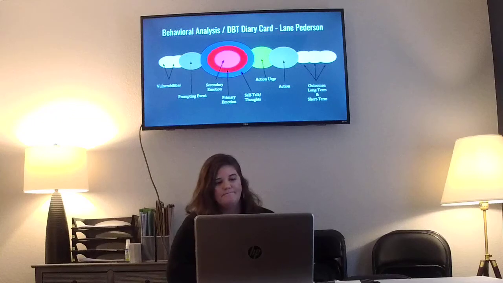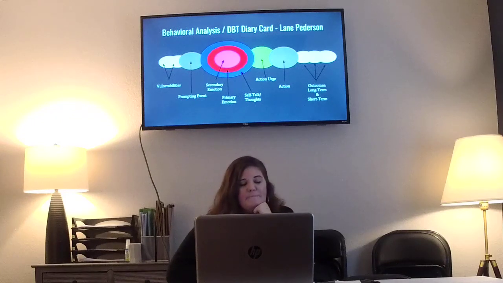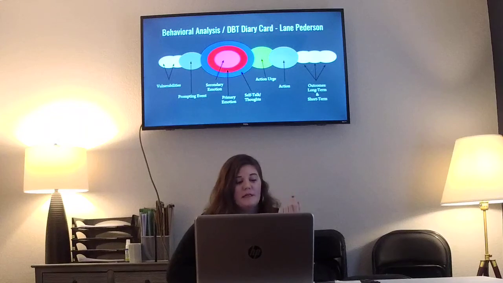Oops, those are wrong. Switch primary and secondary emotions on this thing. DBT is going to say there was a prompting event that prompted some emotion in me, and CBT would say there's something that prompted my thoughts. So there's a primary emotion, my true core feeling, then my secondary emotion that I'm displaying, and then I have all the self-talk with it.